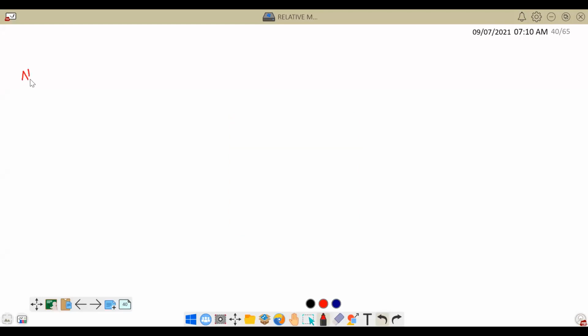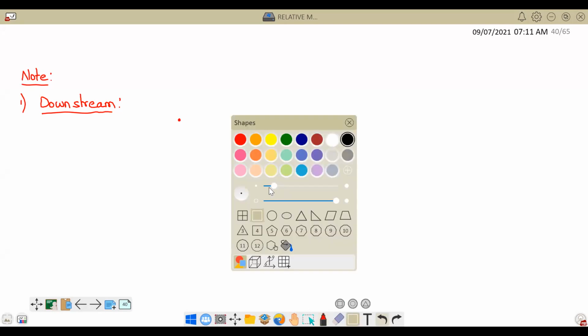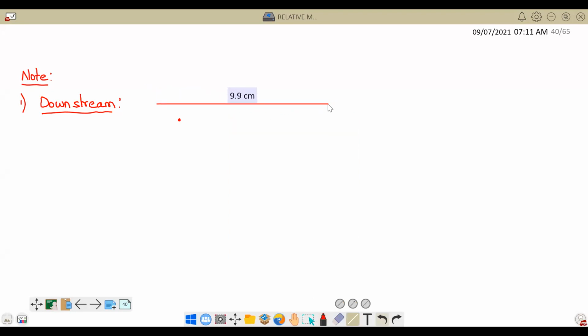Now let us write one note in one dimension. When you are going downstream, suppose you have started from here, and let's say this is the river.